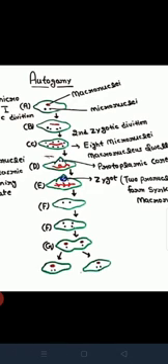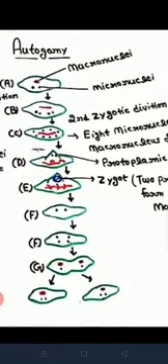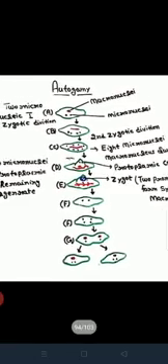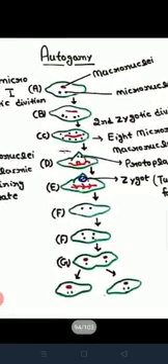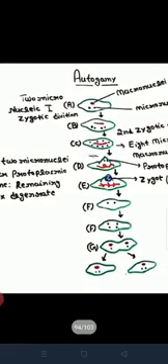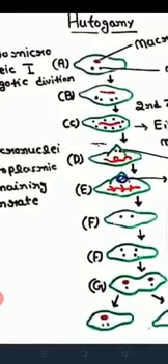Transverse fission of paramecium, we completed this. Paramecium has a single macronucleus and two micronuclei. These micronuclei undergo pre-zygotic division. Then it results in 4 micronuclei. At that time, what will happen?